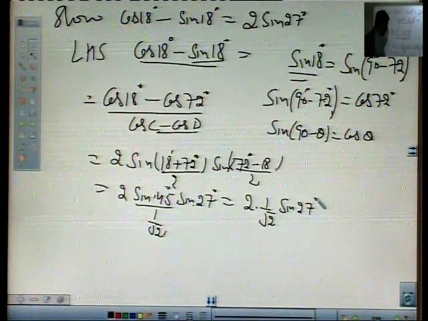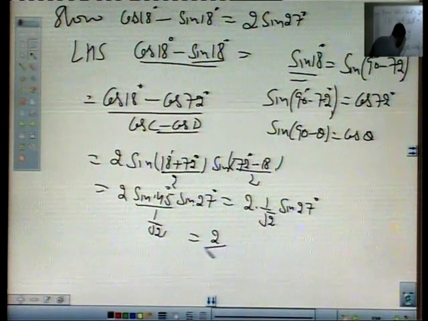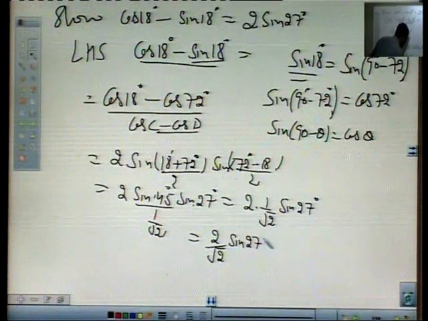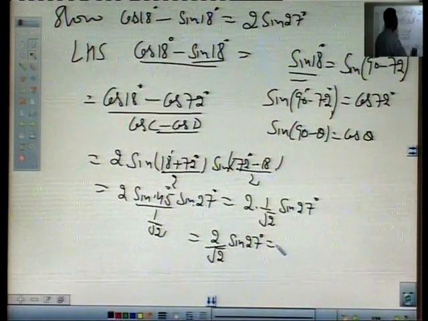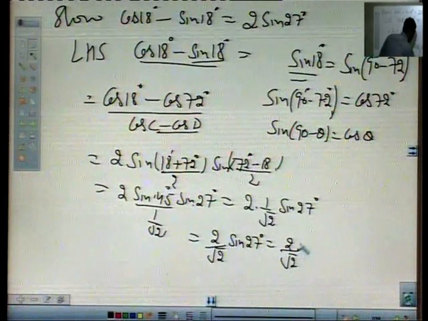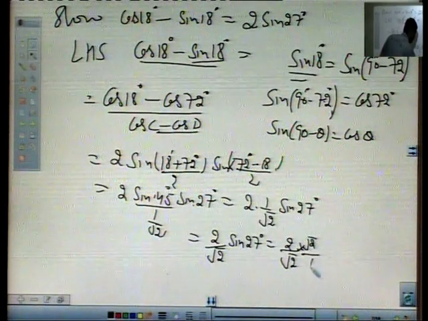So we have now 2 divided by under root 2 sine 27 degree. Let's change into the right hand side by multiplying and dividing by under root 2.